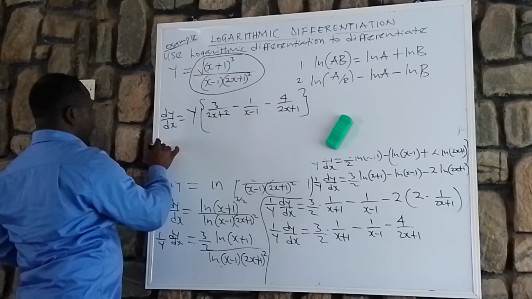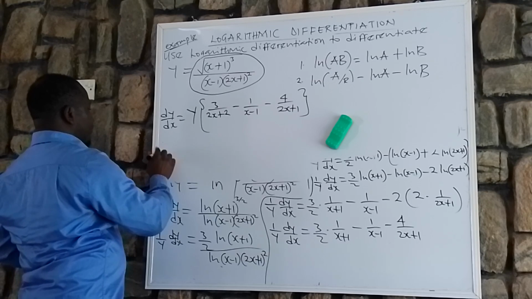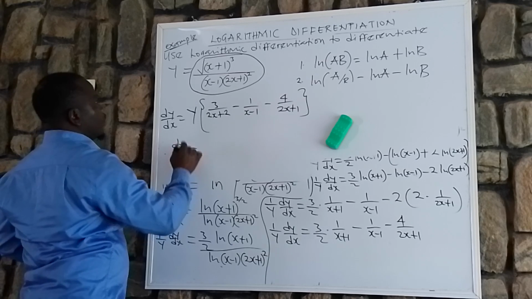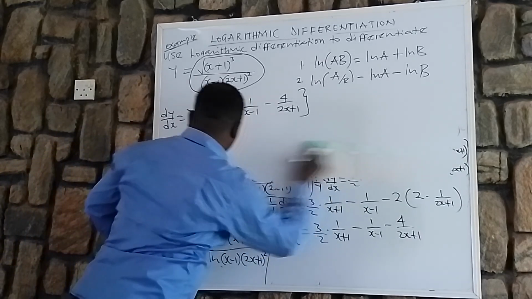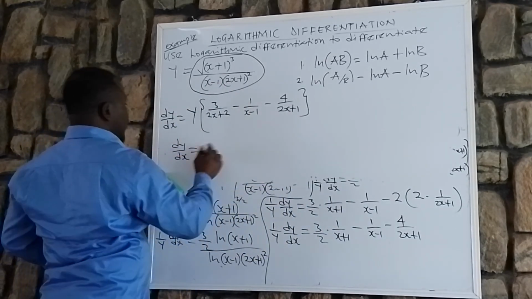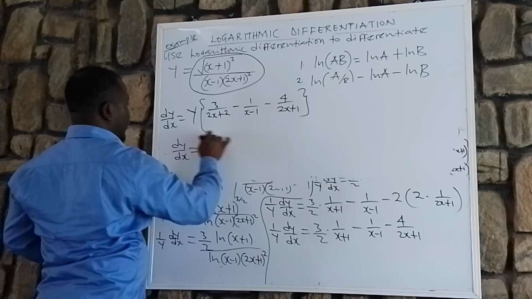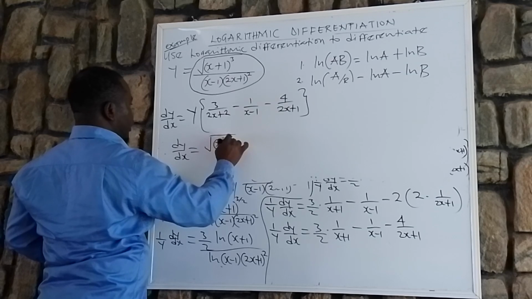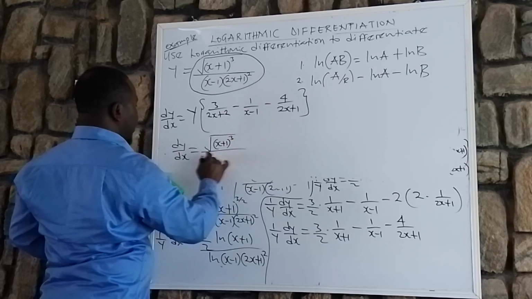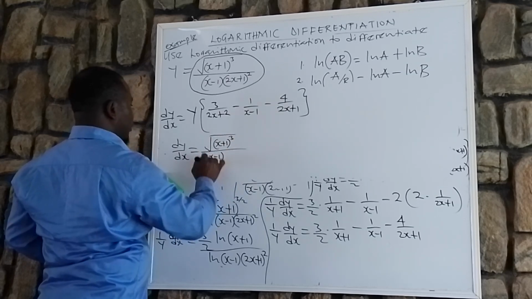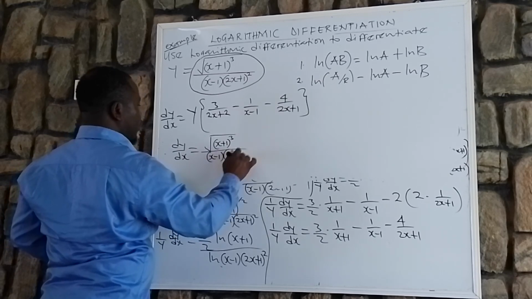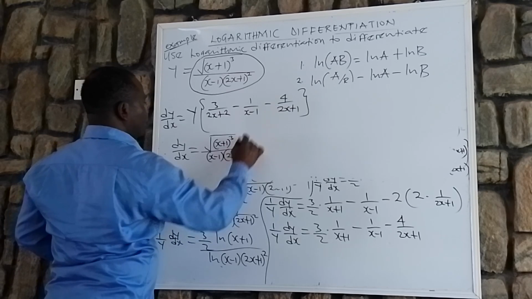So therefore, your final answer will now be dy over dx equals (square root of x plus 1) raised to power 3 over (x minus 1)(2x plus 1) raised to the power of 2.